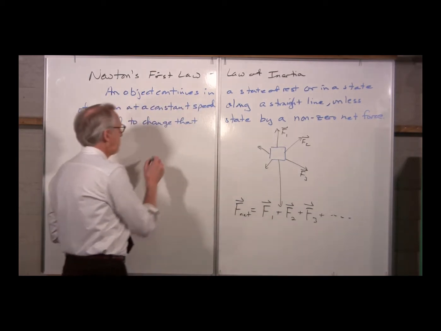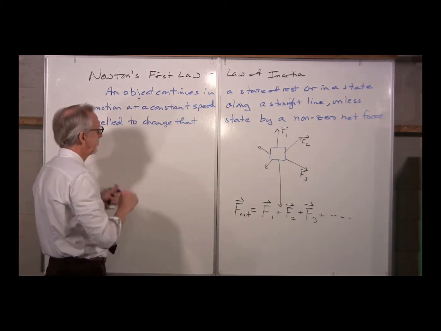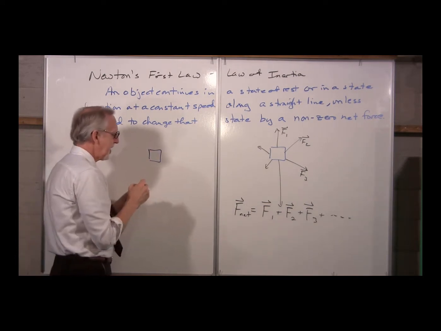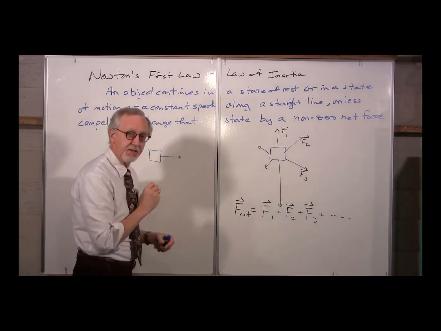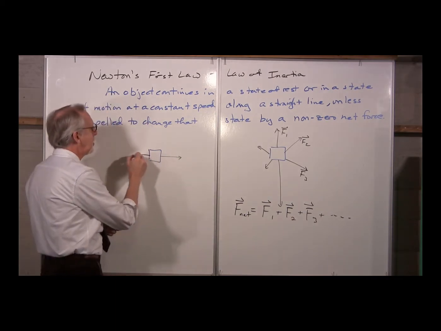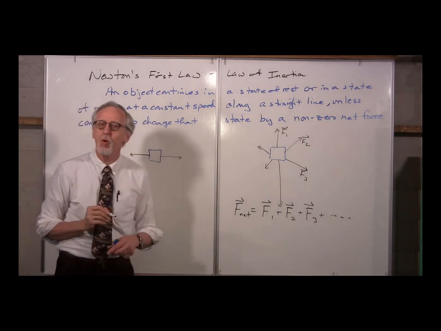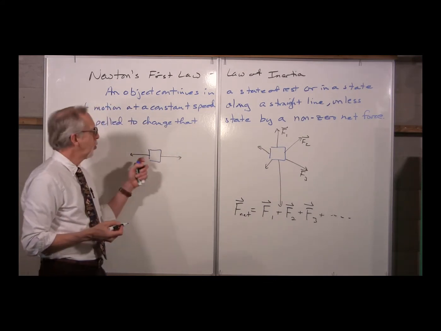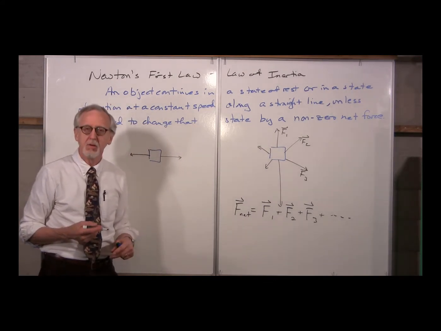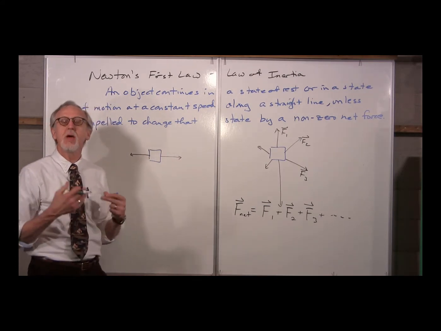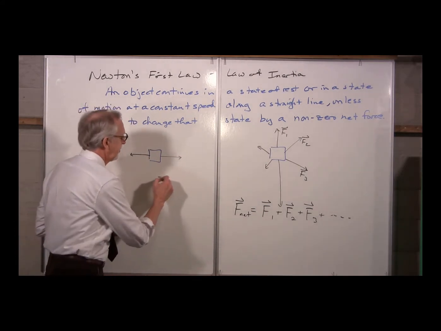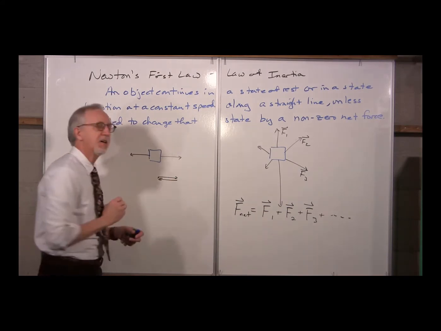Now, if we have an object that has a force, let's say pointing to the right, and an equal but opposite force pointing to the left, what is the net force? The net force would be zero, because these two forces, when we add them as vectors, give us zero.